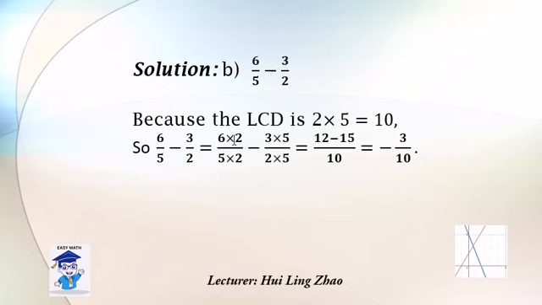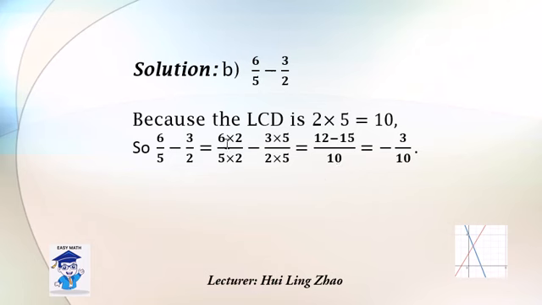So 6 times 2 over 5 times 2. And then minus 3 over 2, that we multiply by 5, right? So 3 times 5 over 2 times 5, the same denominator is 10.